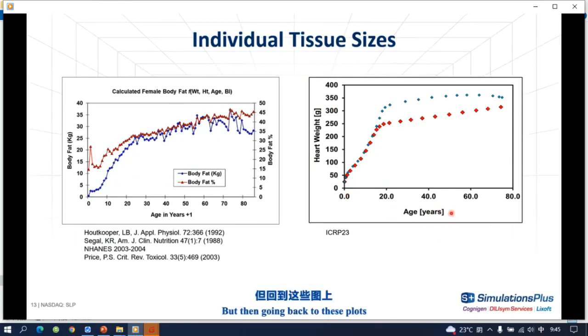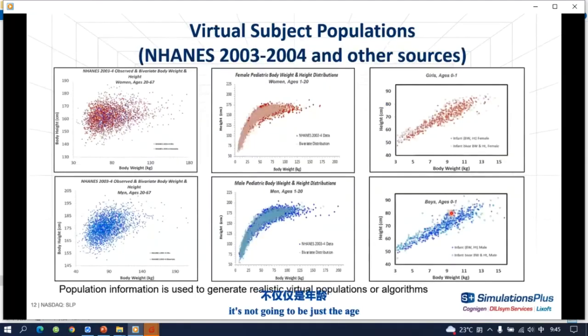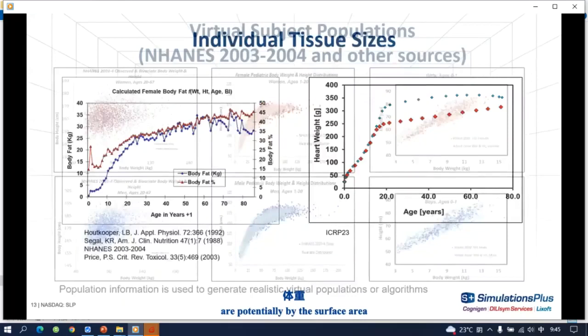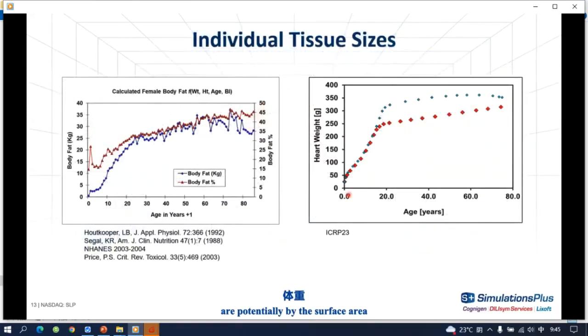But of course, then going back to these plots, it's not going to be just the age, but also body height, body weight, potentially body surface area or BMI, right? Different tissues correlate with different overall physiological parameters. So all of those are taken into consideration.